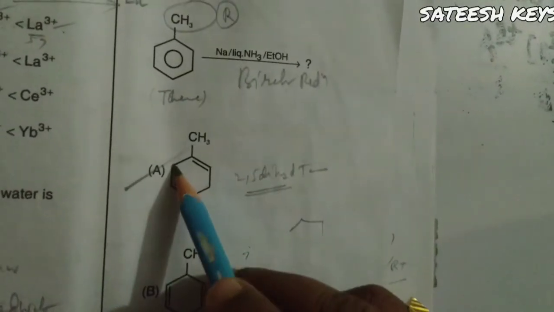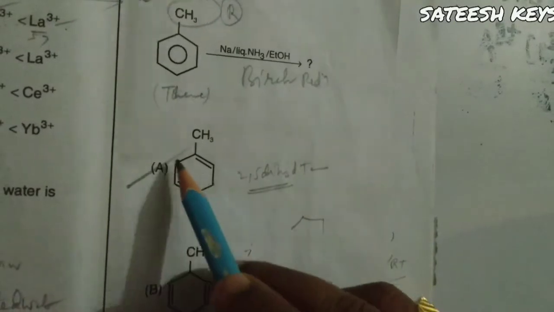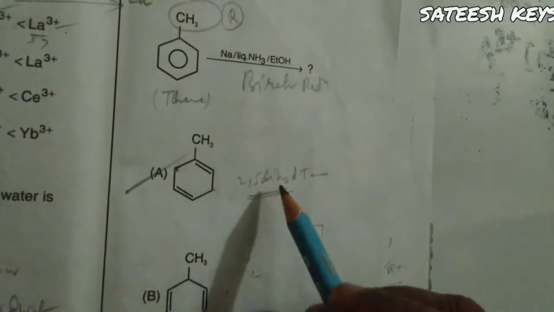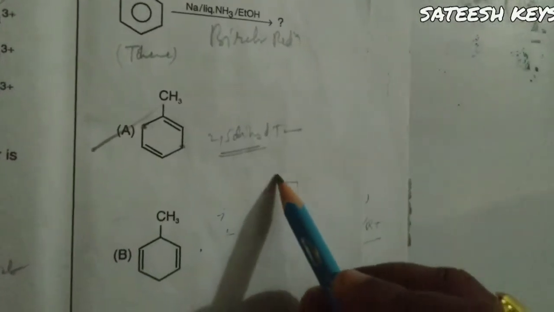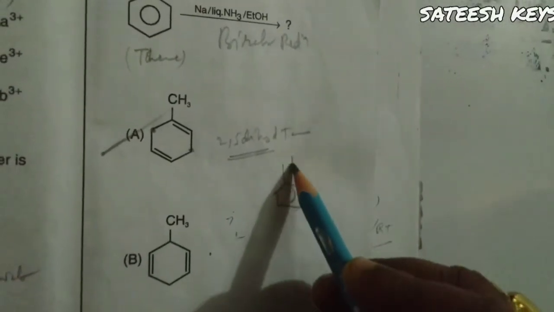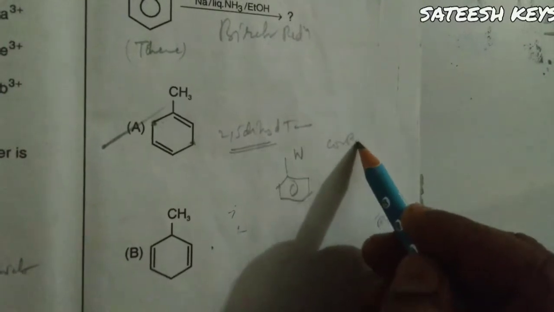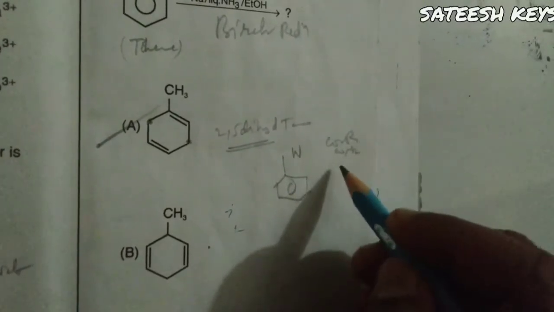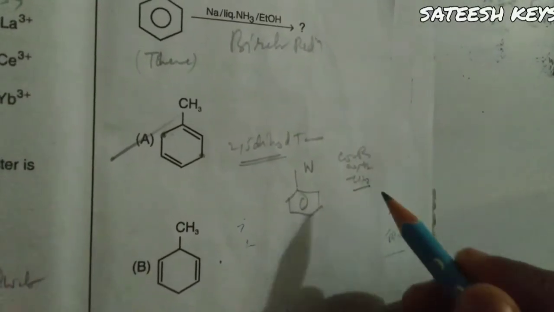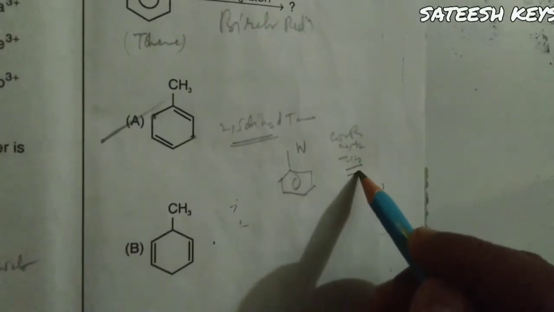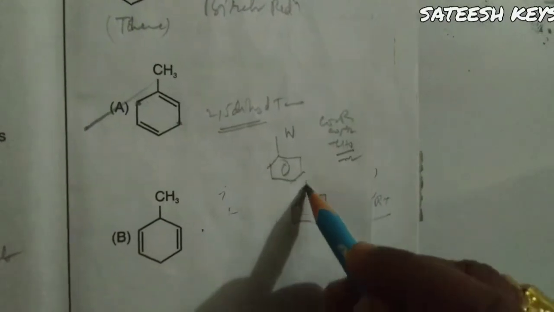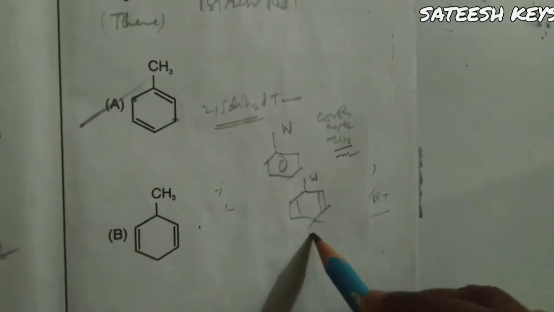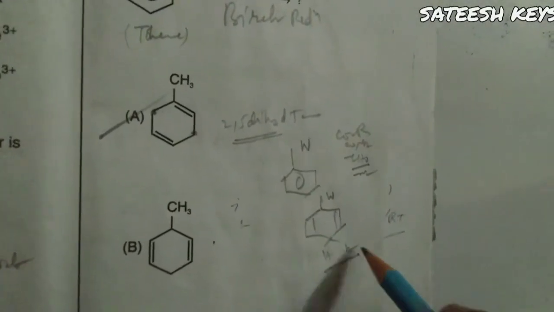Radical anion formation takes place here, where the electron density is more, so hydrogenation takes place here. If the benzene has electron withdrawing groups like COR, CONH2, aldehyde, NO2 groups, etc., we will get 1,4-dihydro products.